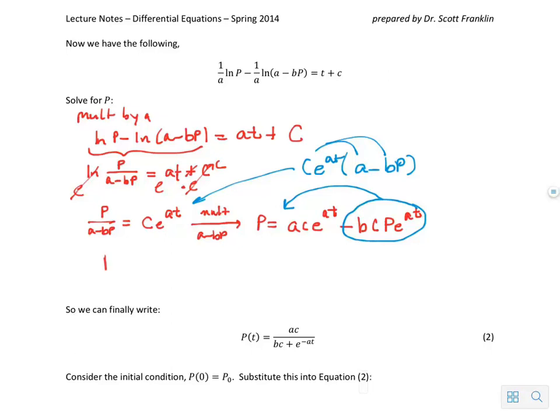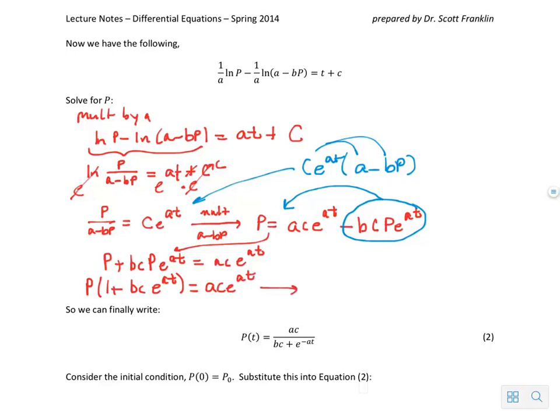So that becomes p, minus bcp e to the at equals ace to the at. If you factor out the p, that's 1 minus bce to the at, equals ace to the at.